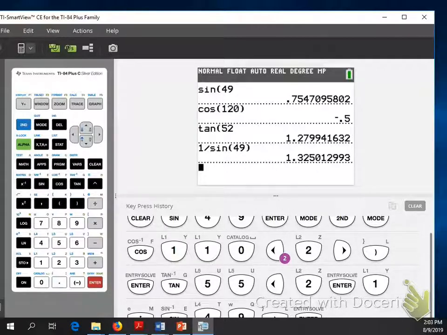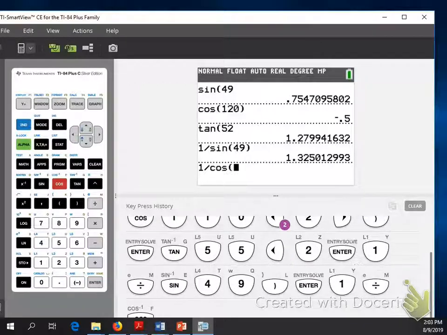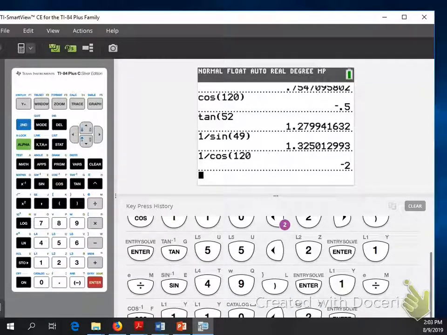Okay? Same thing with secant of 120. So secant is the inverse of cosine. So we go 1 divided by cosine of 120, and you get -2, which should make sense from the fact that cosine of 120 degrees is -0.5, but we'll leave that for you to discover on your own.